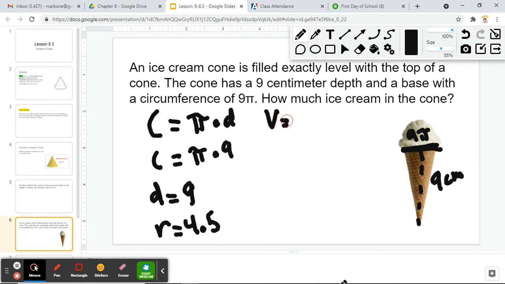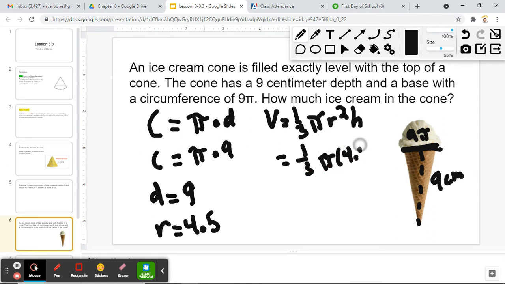So we got that our volume is equal to 1/3 pi r squared h, or 1/3 times pi times 4.5 squared times 9. Again, I'm going to multiply 9 times 1/3 here. That's going to become 3. So we get 3 pi times 4.5 squared. Let me do that on my calculator very quickly.